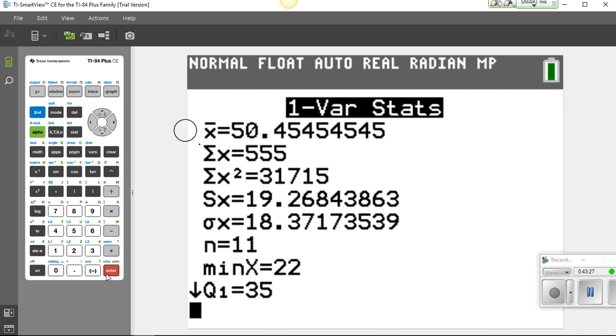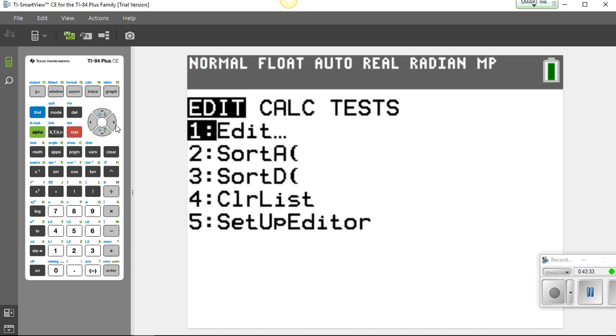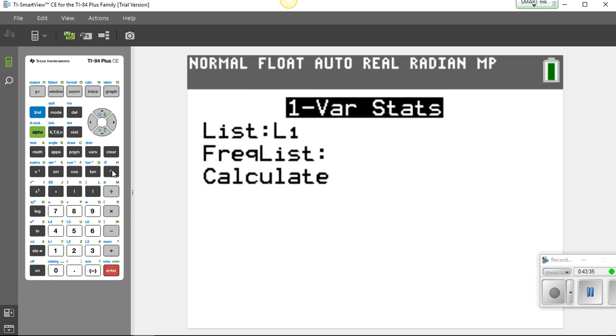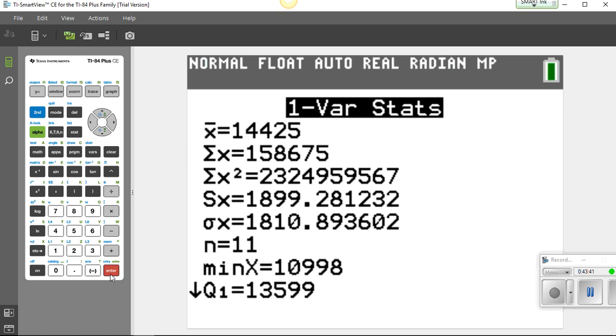When I do my 1-Var Stats, I can change the list, right? So I'm going to stat, calc, 1-Var Stats, second 2. Do you guys remember changing the list there? And this is going to be the average for the y's. Do you guys see how your average y is going to be $14,425?